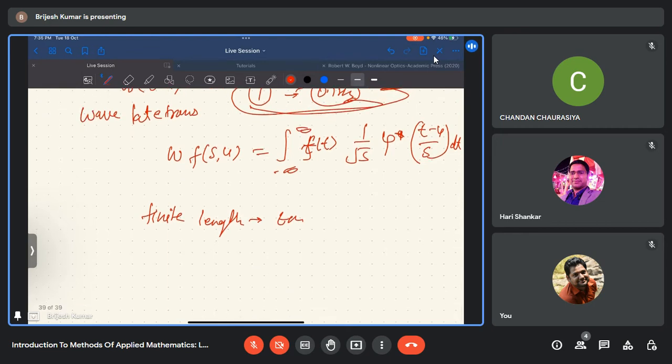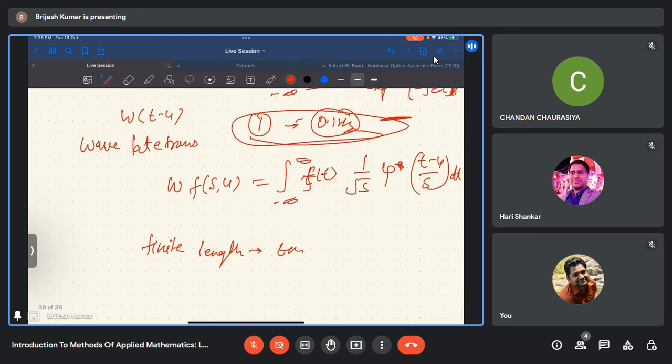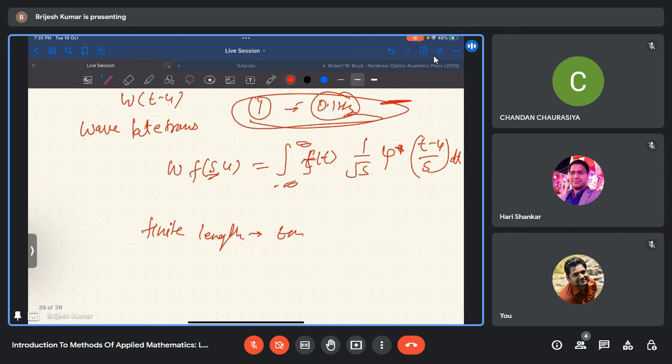So as we dilate and translate the mother wavelet, we can see a very low frequency component at large s, while a very high frequency component can be located precisely at a small s. If the frequency component is very high, we see it at small s, but when the frequency is very low, we see it at large s.